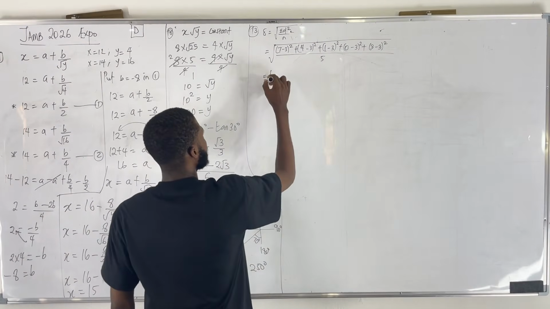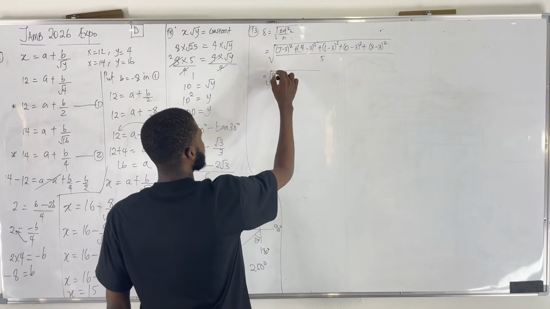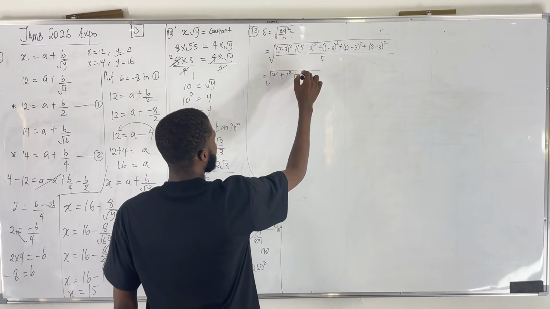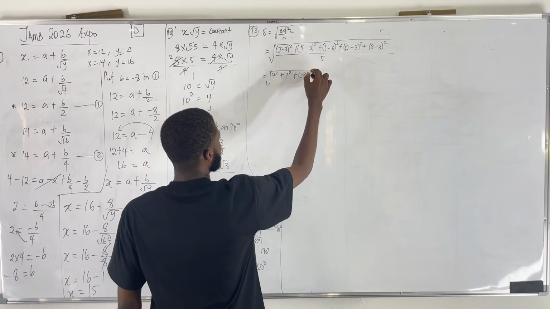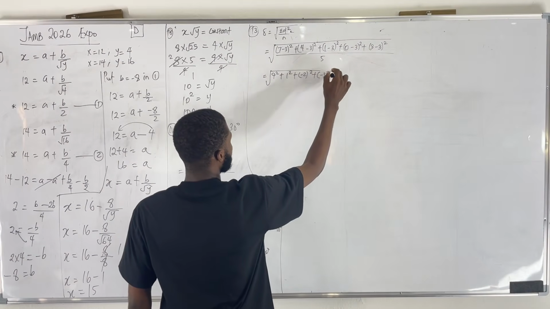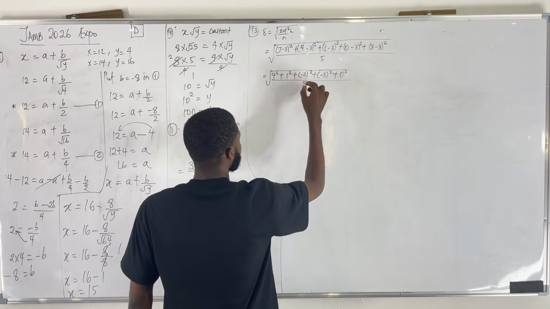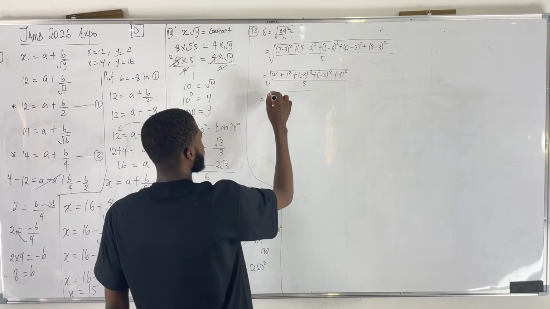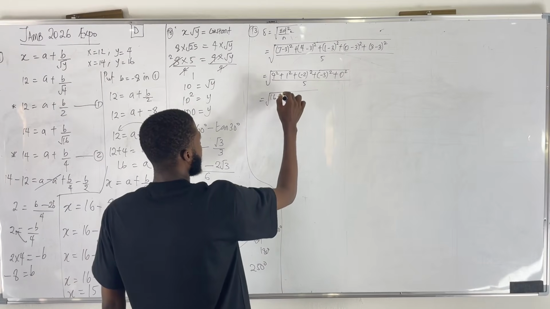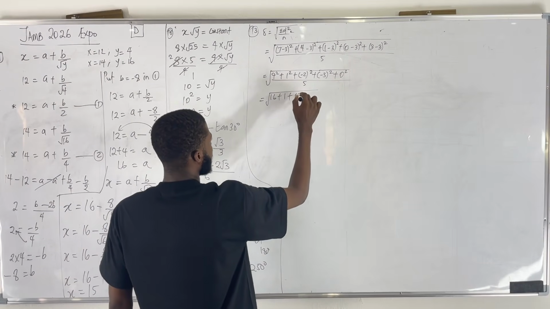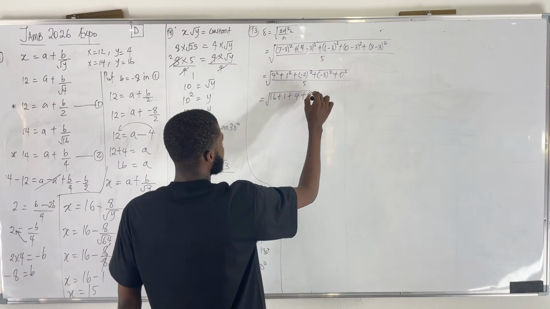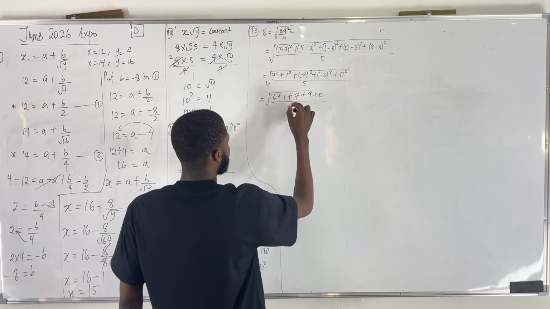So this will become the square root of 4 squared plus 1 squared plus minus 2 squared plus minus 3 squared plus 0 squared, divided by 5. Now 4 squared is 16, 1 squared is 1, minus 2 squared is 4, minus 3 squared is 9, and then plus 0, over 5.